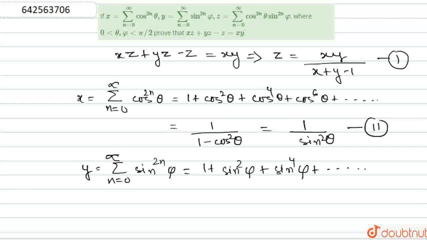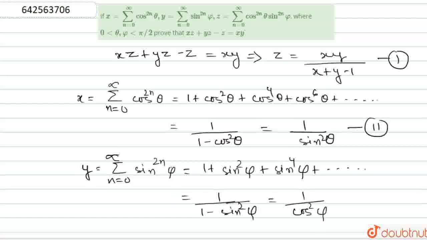This is again an infinite GP with first term 1 and common ratio sin square phi, and whose sum will be equal to 1 upon 1 minus sin square phi, which will be equal to 1 upon cos square phi.